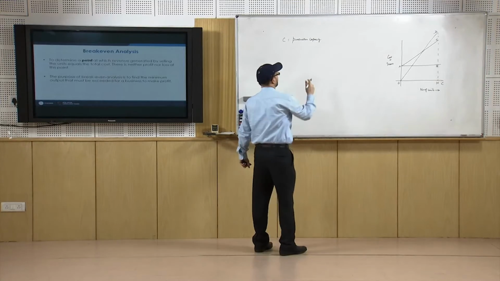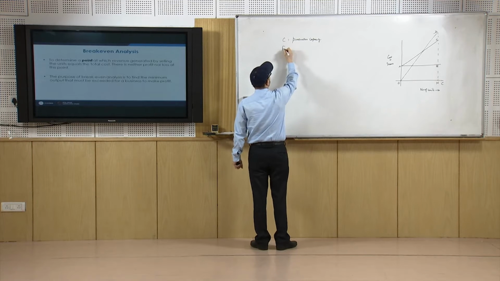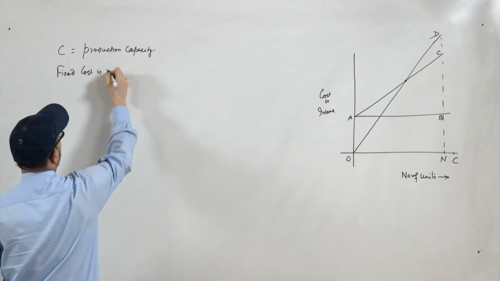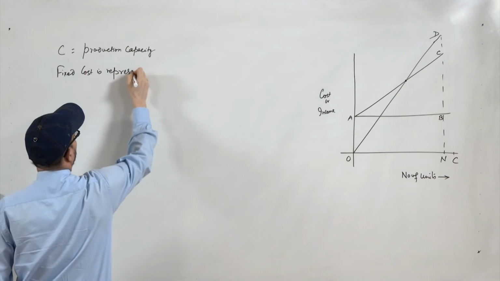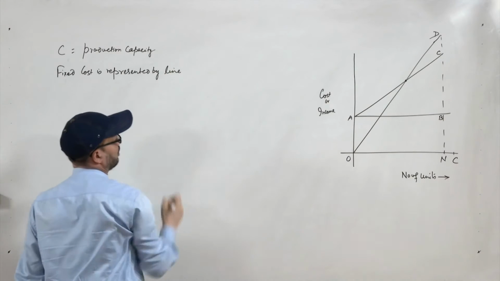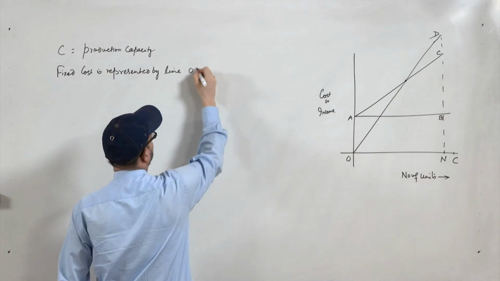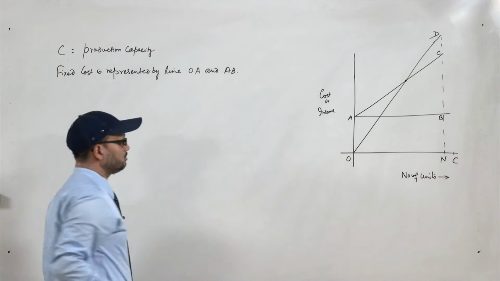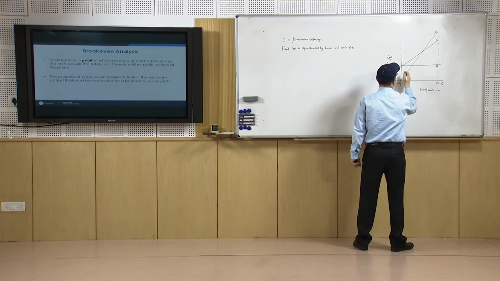So, fixed cost is represented by lines OA and AB. So, this shows the fixed cost.